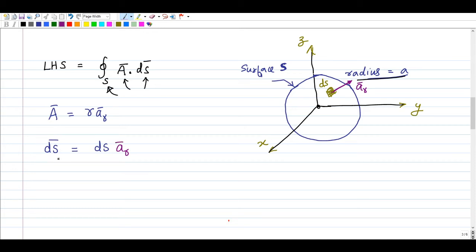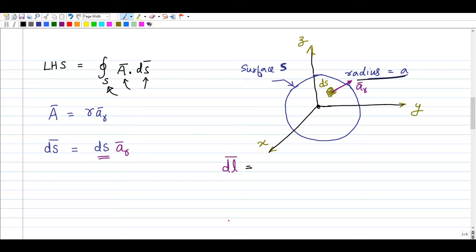So dS vector is magnitude of dS multiplied by unit vector indicating the direction of the elemental area dS, that is a_R. Now what is the magnitude of dS? In order to write the expression for magnitude of dS, we can first write the expression for dl or differential length.